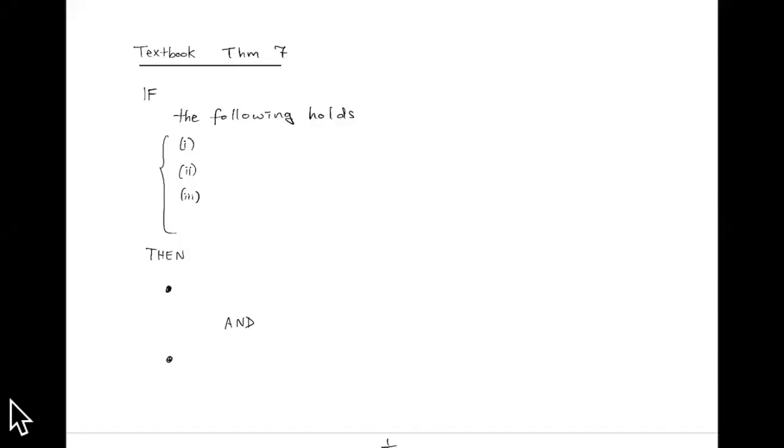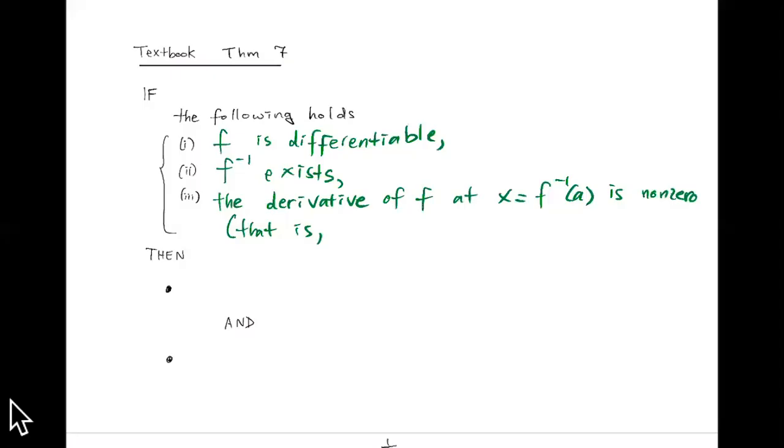Let me now write the more formal statement. If the following 3 conditions hold, so if f is differentiable, and f is 1-to-1, meaning f inverse exists, and if the derivative of f at the point we're trying to calculate is non-zero, in math symbols, that is f prime of f inverse of a is non-zero.